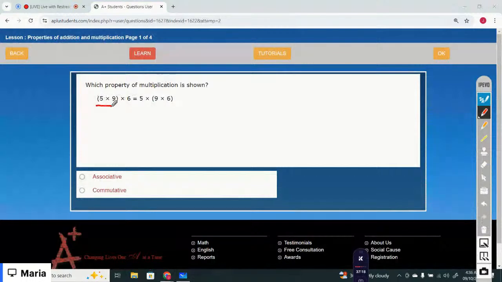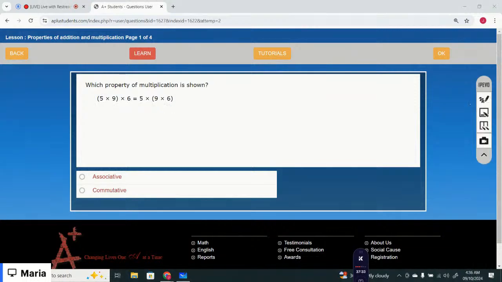Here you do 5 times 9 first, and here you do 9 times 6 first, then multiply by the remaining number. When you have three numbers involved in the multiplication, the numbers are the same and just the grouping order is different. That is known as the associative property, right? The correct option is associative. If three numbers are involved with multiplication or with addition, that is associative, right?